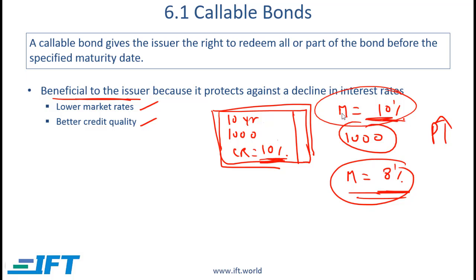Now let's say that for various reasons the credit quality of the company has improved. That means that the interest rate relevant for that company will come down and the bond price will go up. If the bond is callable, then the company can take advantage of the better credit quality.